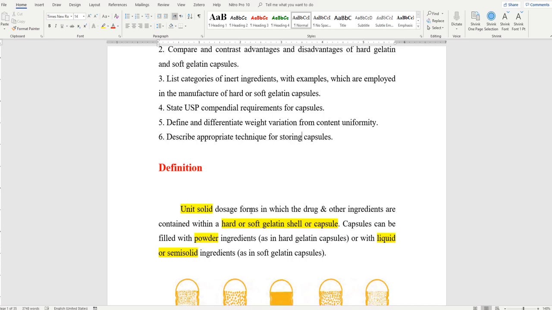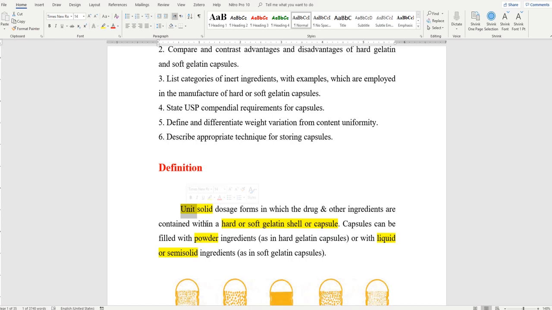Now here we are talking about a unit solid dosage form. Again, we are describing it as a solid dosage form, but here we are adding the term unit, and unit indicates that each capsule is forming a unit, one dose of the medication.